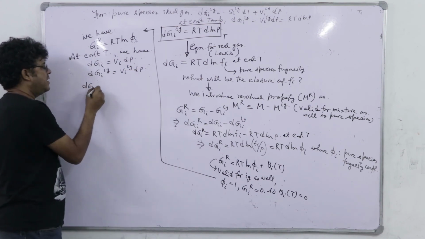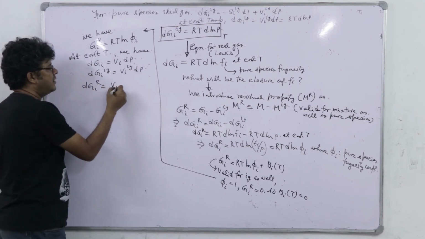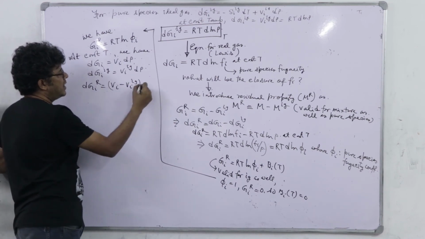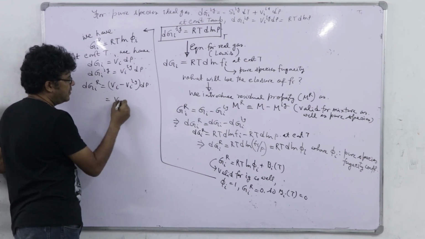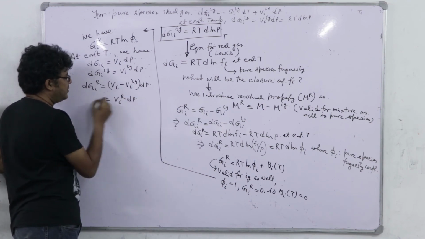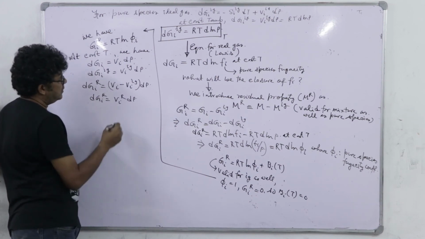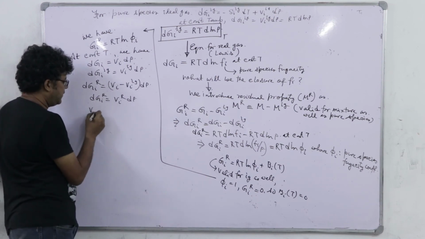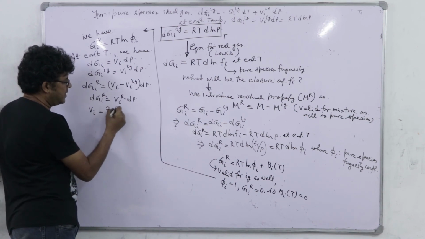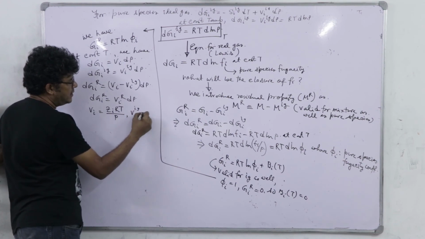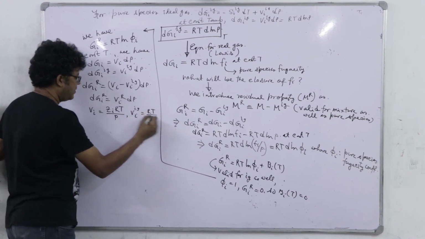So, dGiR is equal to Vi minus ViIG, whole bracket dP. So, this is the residual volume of that species, right. Now, you see Vi we can write for real gas as Zi RT by P, and ViIG equal to RT by P.